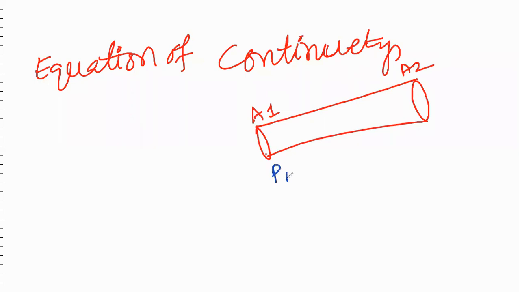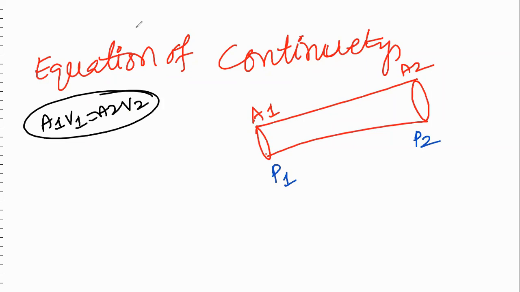The pressure at this point is taken as P1 and the pressure at this point as P2. The equation of continuity is A1 V1 is equal to A2 V2. Otherwise, pi R1 square V1 is equal to pi R2 square V2.